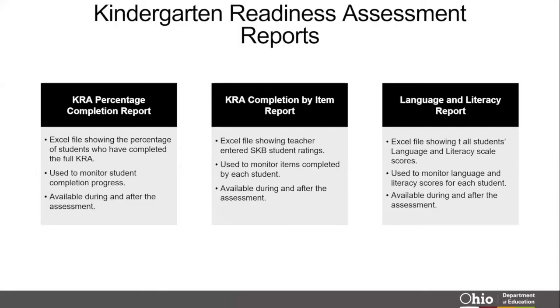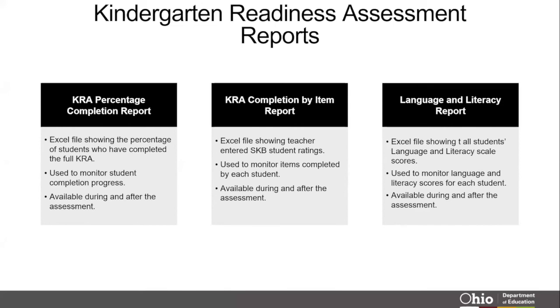The next one for kindergarten readiness is the kindergarten readiness, or KRA, percentage completion report. This provides a percentage of the direct performance and observation items for each student, so it monitors the progress of any students that have completed the assessment by the teacher and or location. The next one is the KRA completion by item.